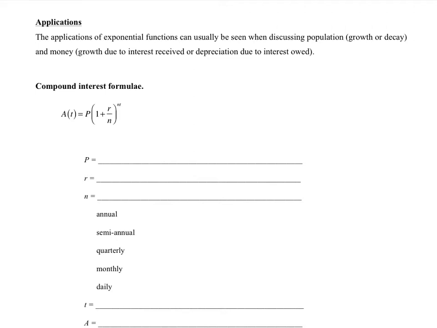So if you buy a house or you invest money or you buy a car, you'll see these interest formulas. So for example, let's say you have some interest that you're compounding. You invest some money. Well, in this formula, the P stands for your principal. This is the initial amount, either the initial amount that you start off owing or the initial amount that you invest.